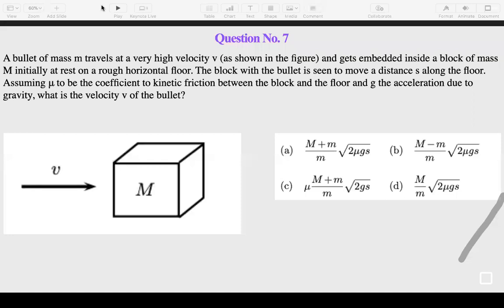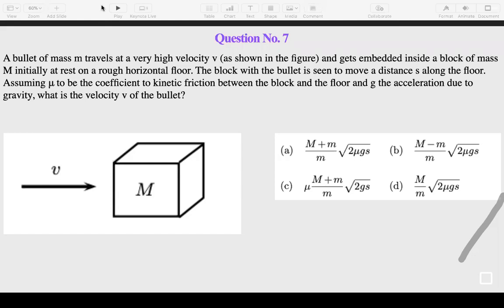To solve this problem, we are required to use two principles. The first principle is conservation of momentum. The reason is that there is an impact. If there were no impact, we might not use the conservation of momentum principle.